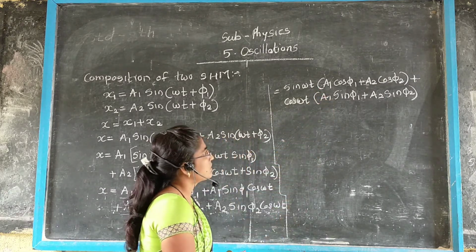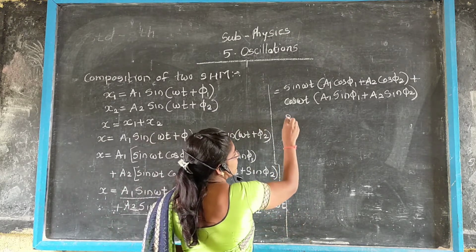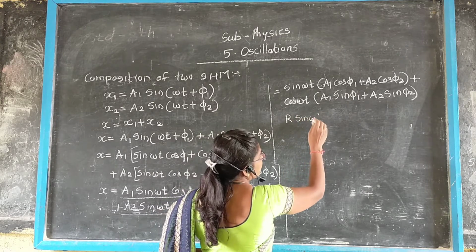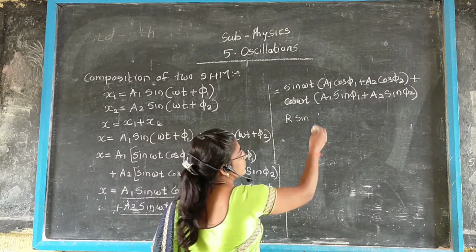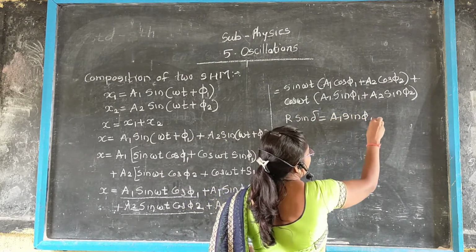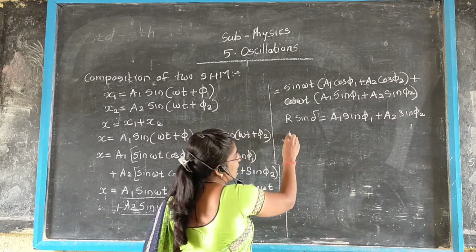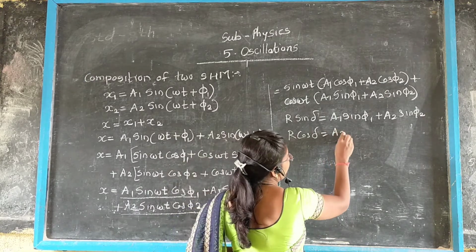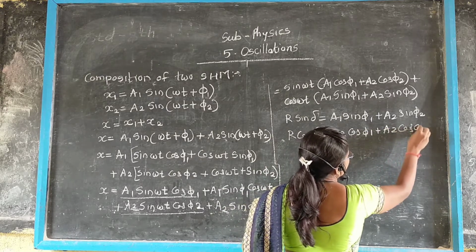Here we use some other constants. Therefore, substitute r sin delta is equal to a1 sin phi 1 plus a2 sin phi 2, and r cos delta is equal to a1 cos phi 1 plus a2 cos phi 2.